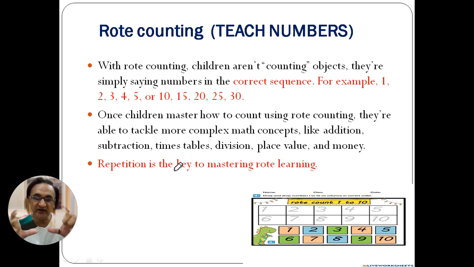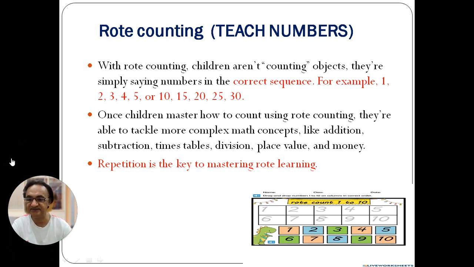So for rote counting, you can write these four or five keywords: without counting objects, memorization, sequence, from descending to ascending order. So these are the keywords when you see these types of numbering methods, okay, you can recognize the question for rote counting. Let's move to the next.